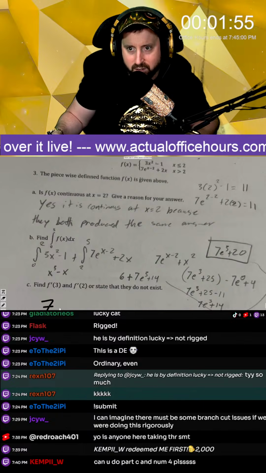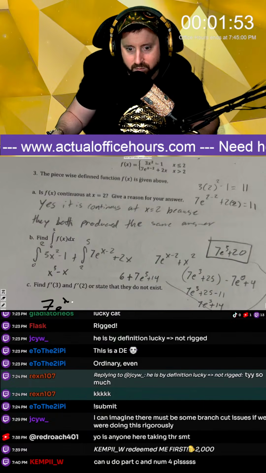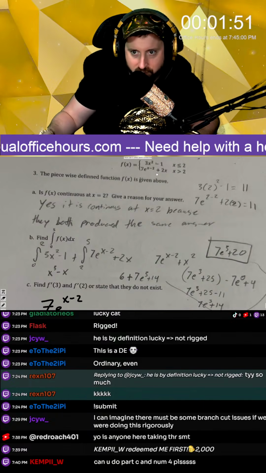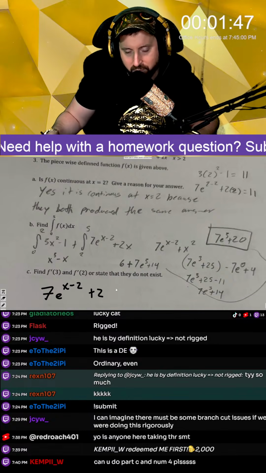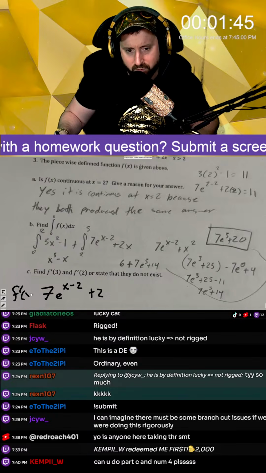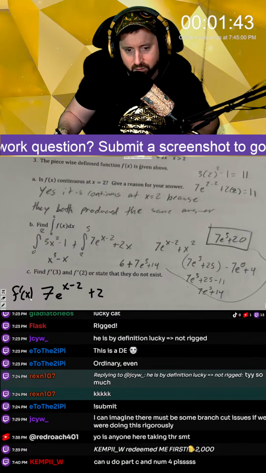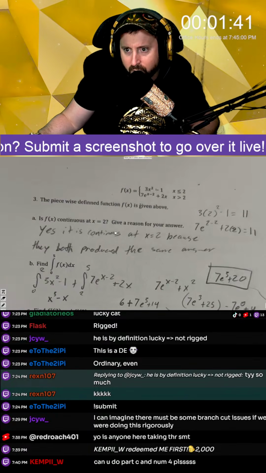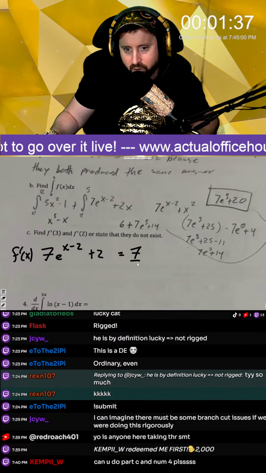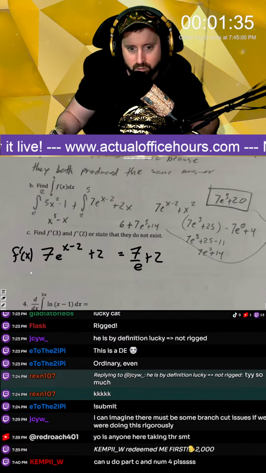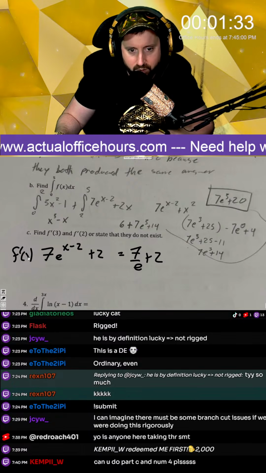So 7e to the x minus 2, because the derivative of e to the x is just e to the x plus 2, and we do that at 3. So this is f prime of x when x is greater than 2. So it's 7 over e plus 2. So it's f prime of 3.